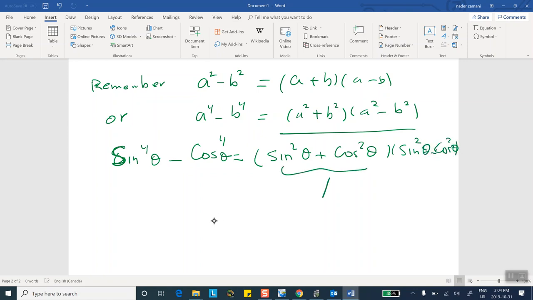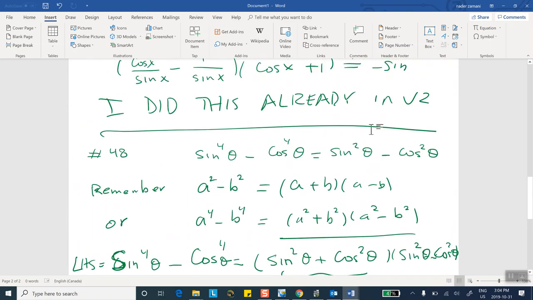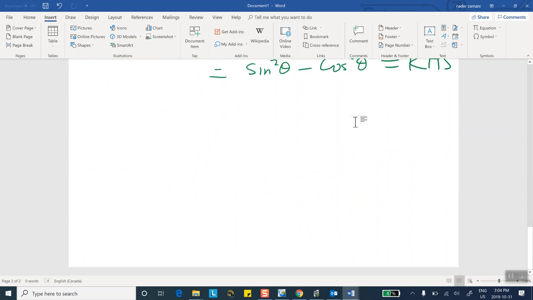But this is 1. So that is equal to sine squared theta minus cosine squared theta, which is exactly our right-hand side. We started with the left-hand side, and we ended up with our right-hand side. This is what we wanted to show right there. Okay, let's do another one.